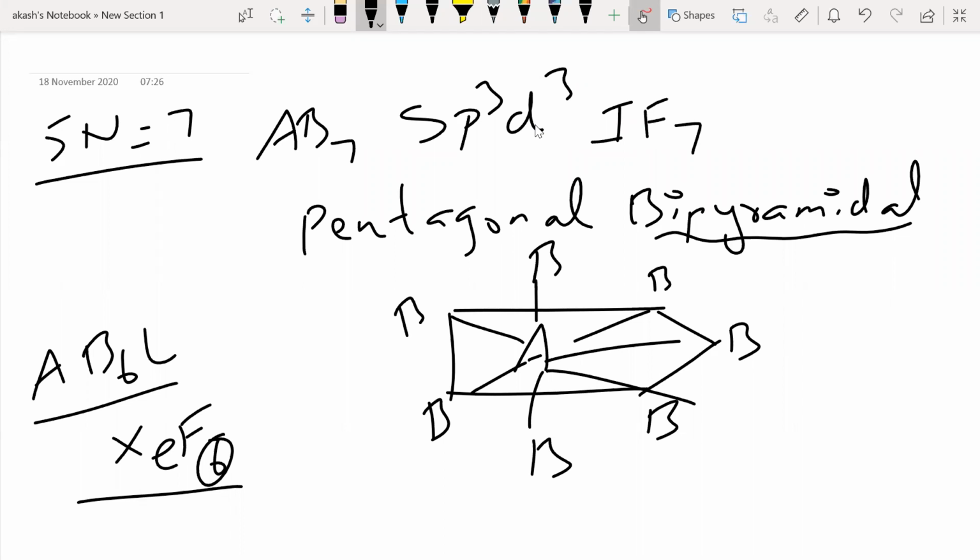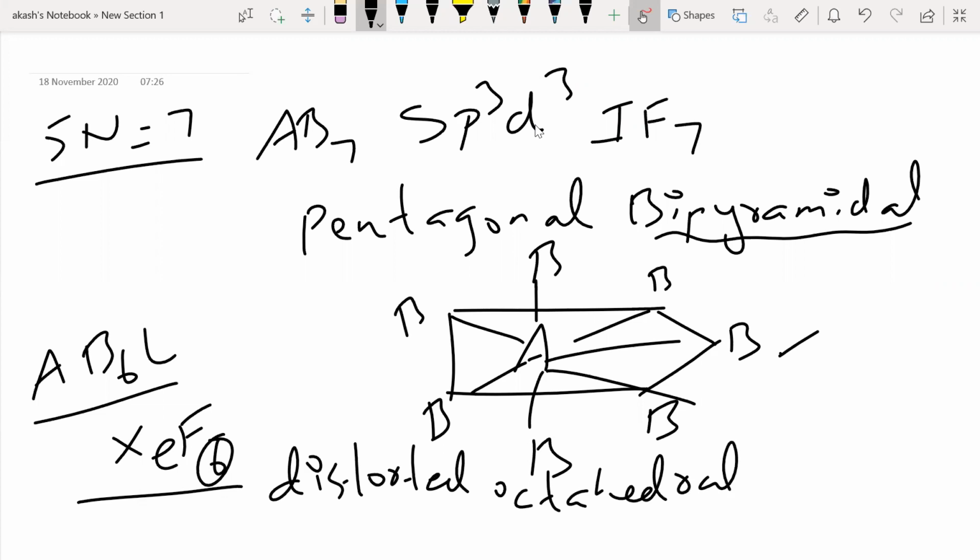Now the shape is the thing. The geometry is again pentagonal bipyramidal. But we don't have to look at the shape. We just have to know the name of the shape, and the name of the shape is distorted octahedron. The shape is called distorted octahedral shape.